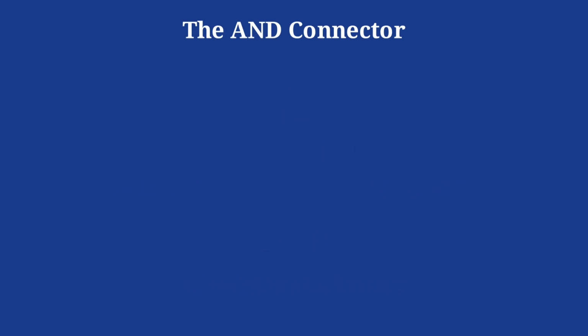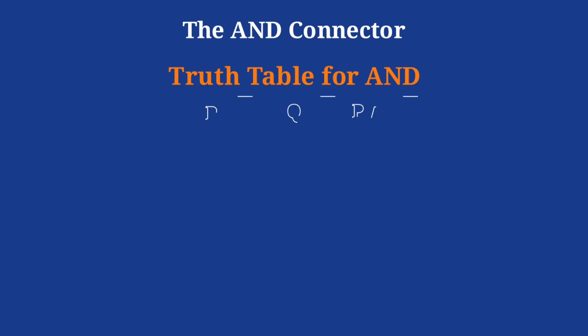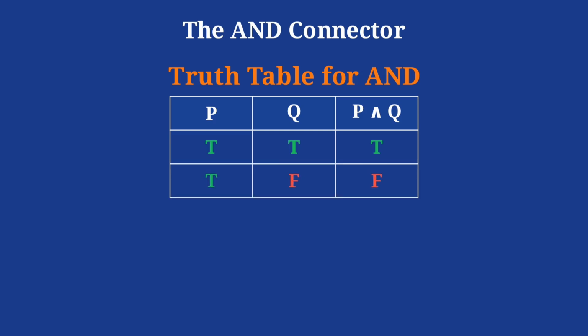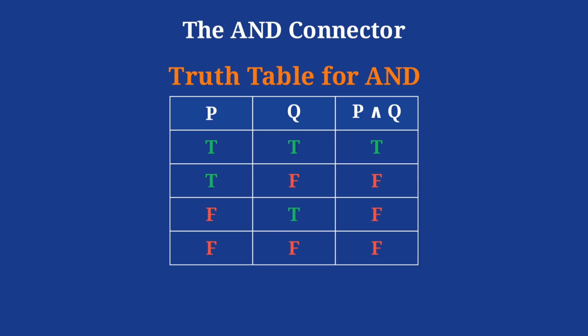But when is this new combined statement true? We can map this out using a truth table. The table shows every possible combination of truth values for P and Q. If P is true and Q is true, then P and Q is true.